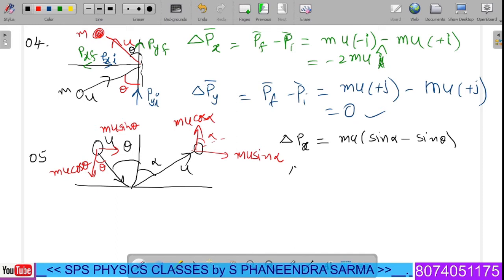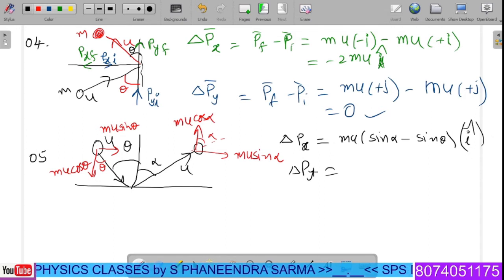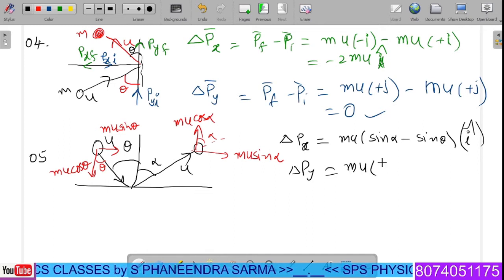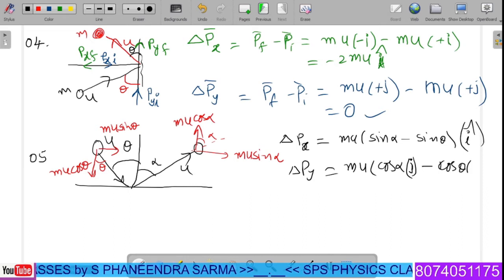Similarly, let us find it along the y direction. Along the x direction both are moving in the same sense, so I am just writing i cap for the x component. For the y component, the final velocity is upward and the initial velocity is downward. Therefore, mu of cos alpha in the j cap direction minus cos theta of minus j.